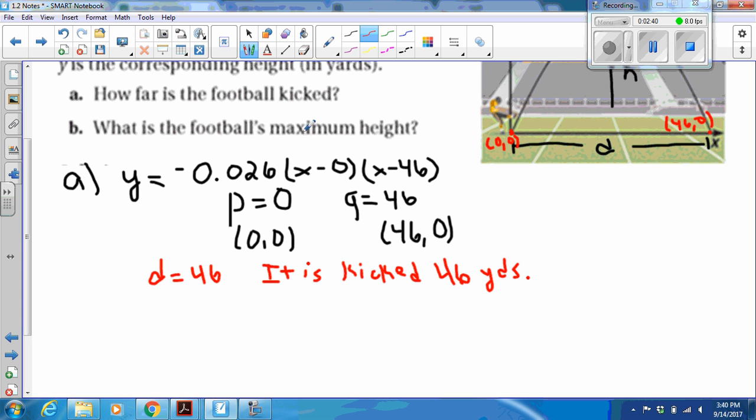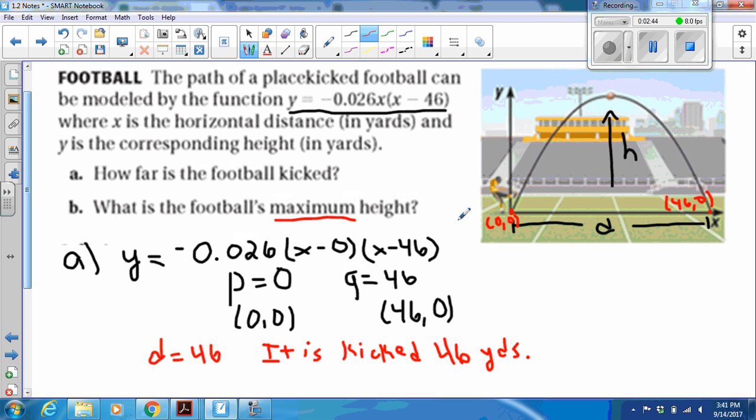Part B says, what is the football's maximum height? If we look, our parabola is facing down, so the vertex is a maximum. So we're going to use our vertex to figure out our answer. Our maximum height means we have to figure out the y value of our vertex.